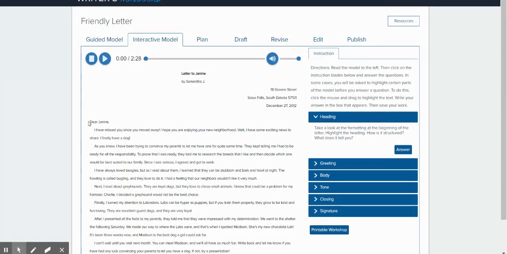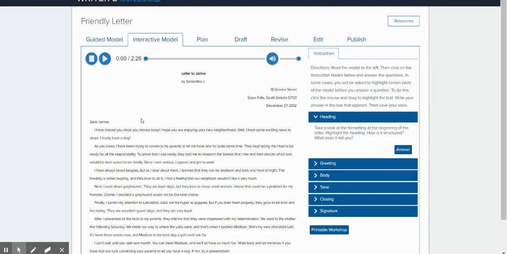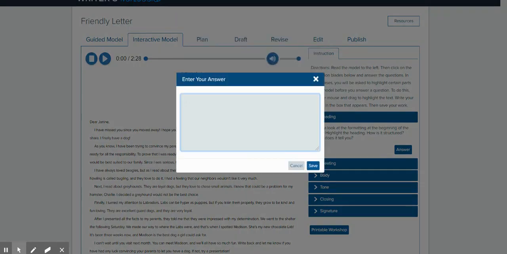That's not the heading. Is this the heading? Nope, that actually is not the heading. That's the greeting. Is this the heading? If you said yes, you are correct. This is the heading. So now the question is, how is it structured? What does it tell you?